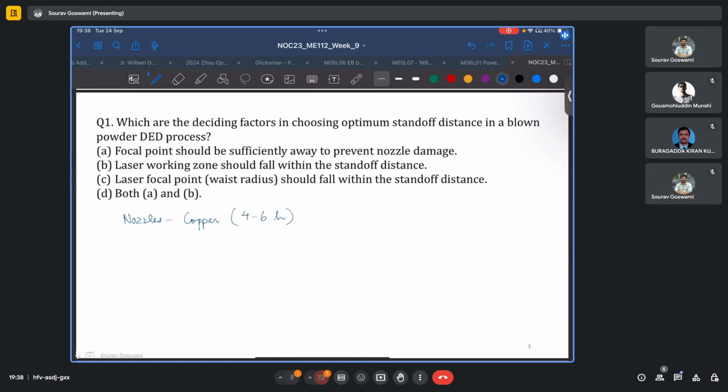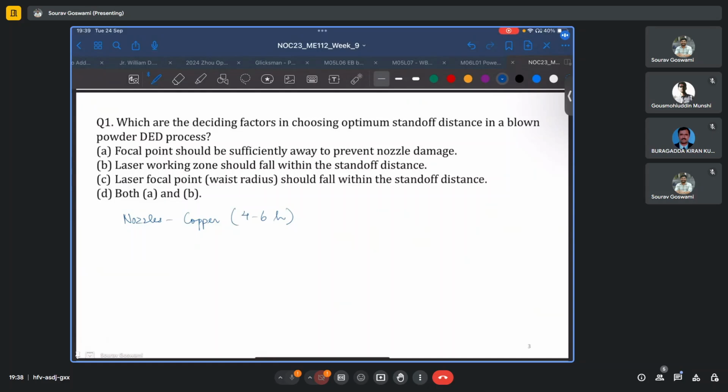This is just a typical number, it might vary. They get worn out by interaction of the wire or powder material with the nozzle. Also, they get deformed and affected by the high temperatures of the process.